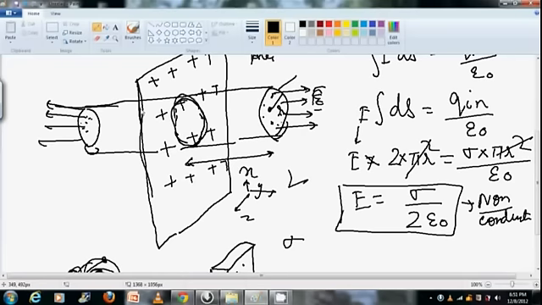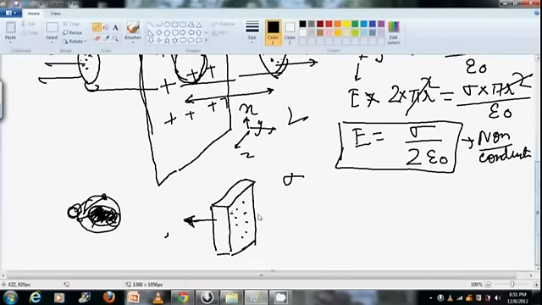But if it is a metal, then I know that charges are only at the surface; there is no charge inside this metal. So in this case I can make a Gaussian surface like this, one face of which is passing inside the metal.